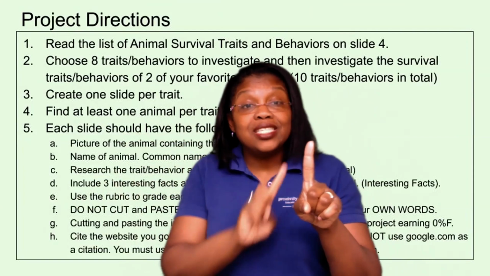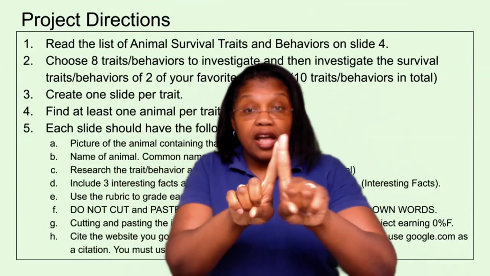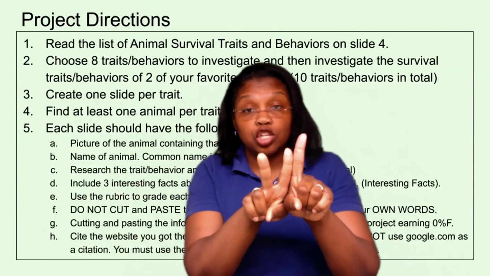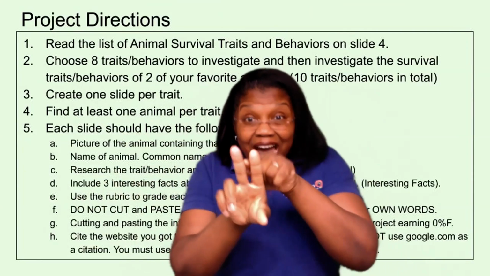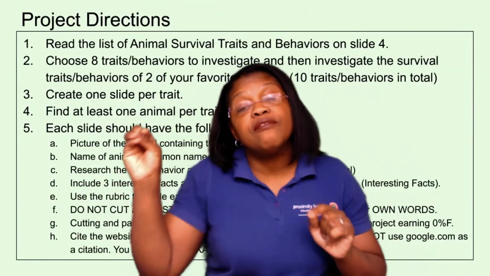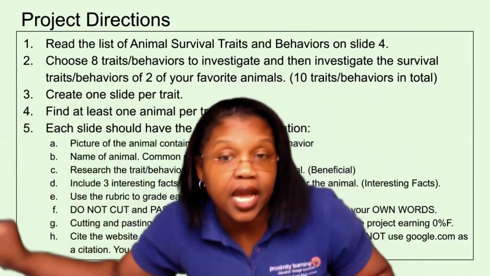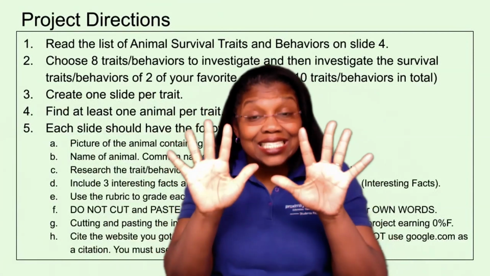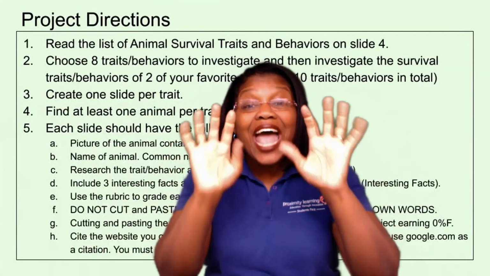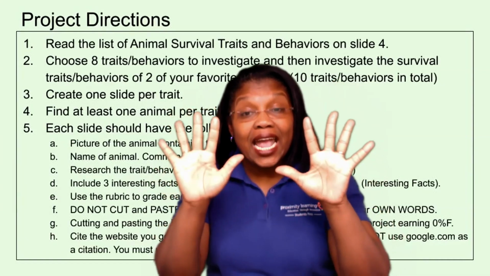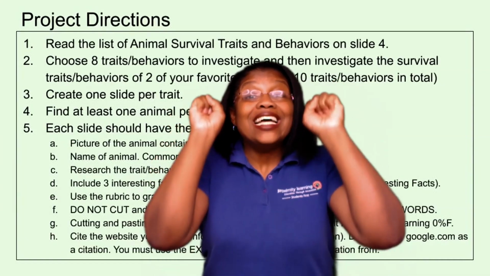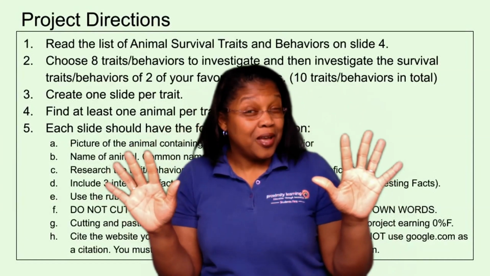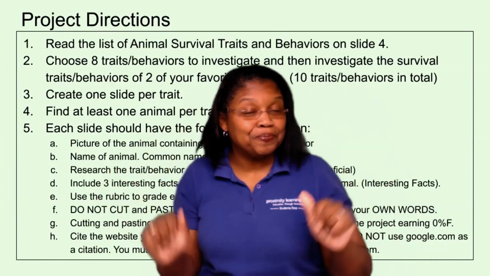Choose one of the traits to emphasize on that slide for this animal here, okay? You can mention that it also has this other trait, but that second trait must still have its own slide with a different animal. See what I'm saying? So 10 slides, 10 different animals for the 10 different traits. Okay, hopefully that makes sense.